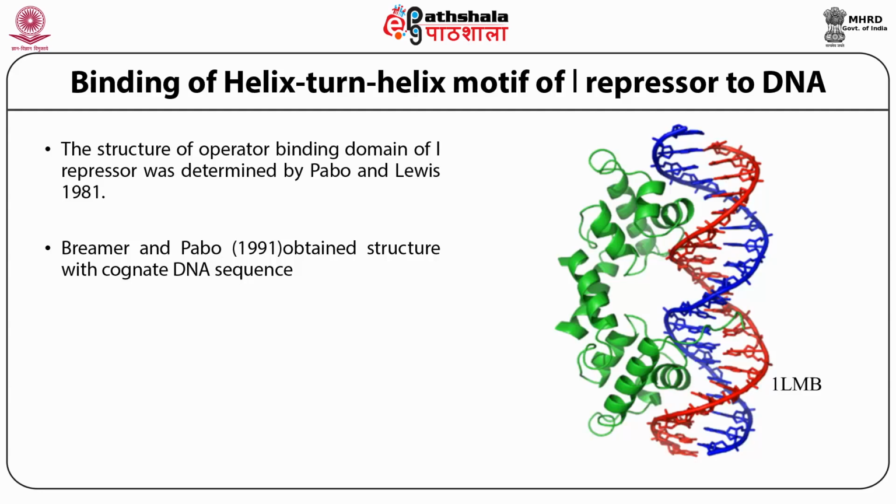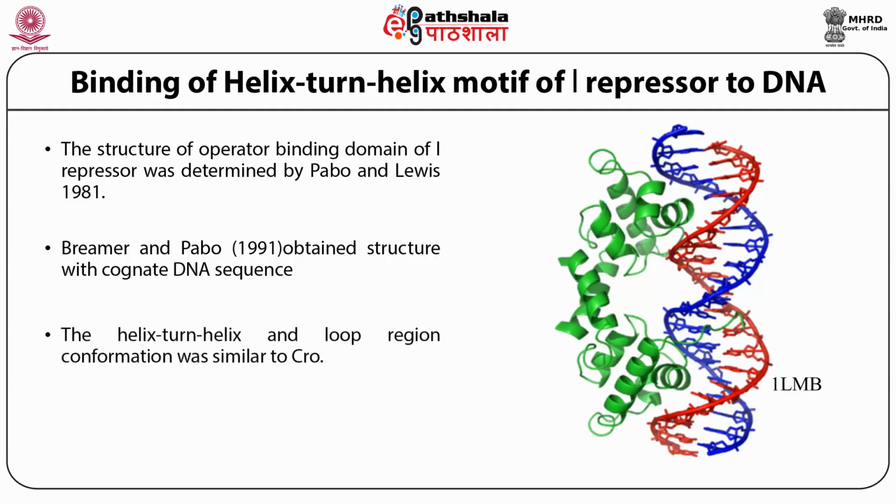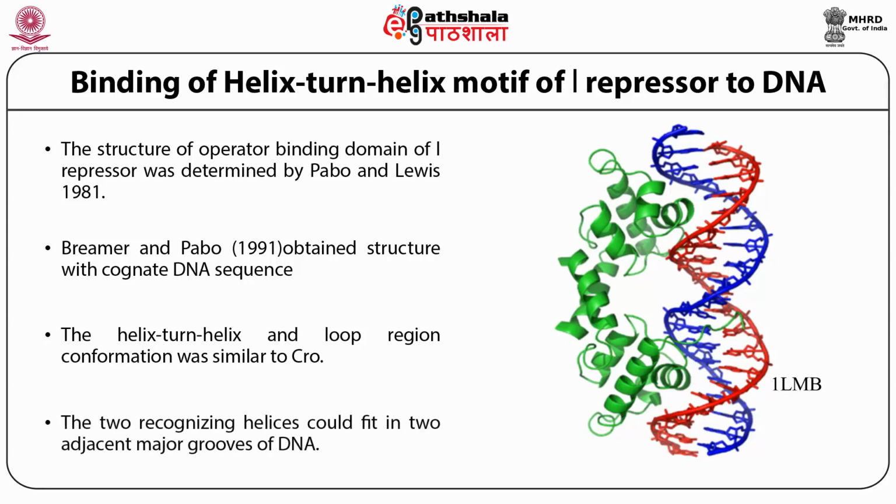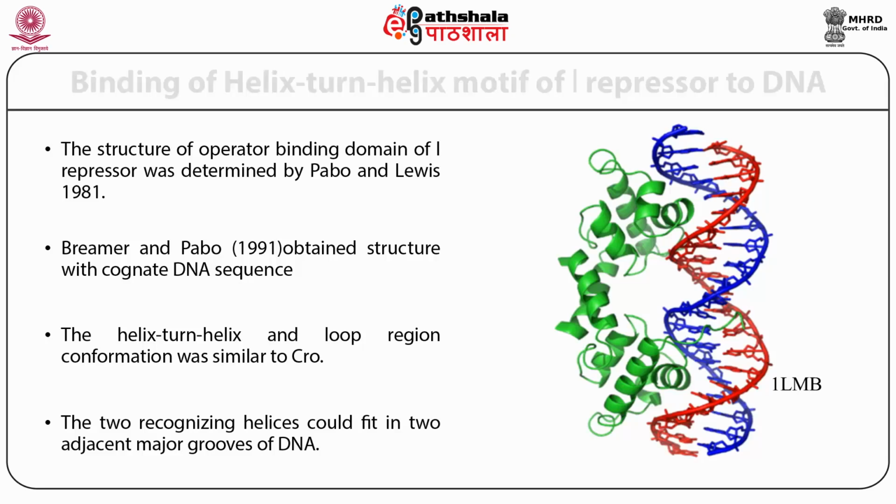The PDB ID of this structure is 1LMB. The helix-turn-helix and the loop region conformation was very much similar to Cro. The two recognition helices could fit in two adjacent major grooves of DNA as proposed earlier by Pabo and Lewis and Ollendorf's model seen in the previous slide.